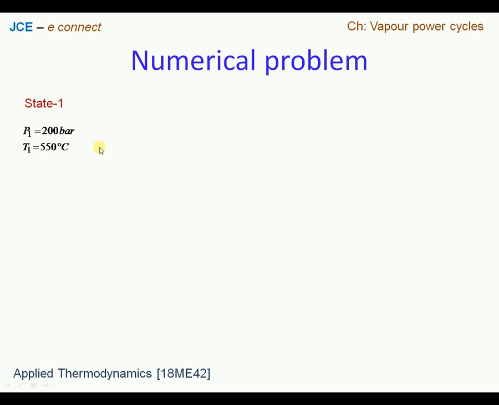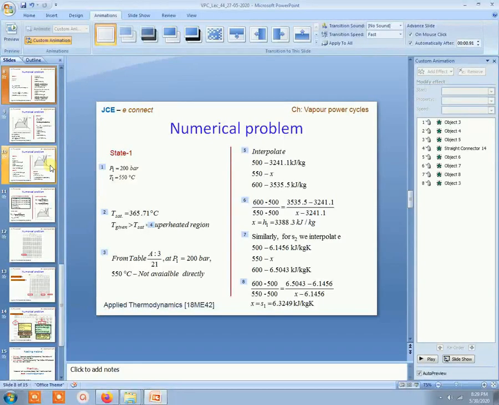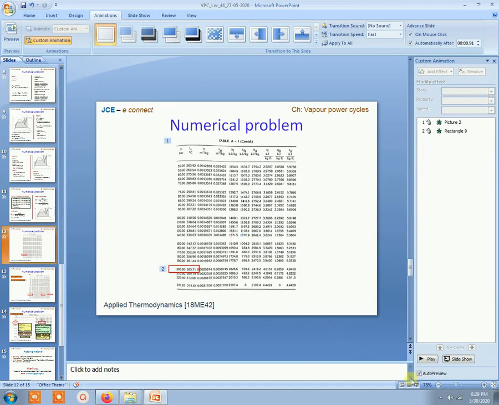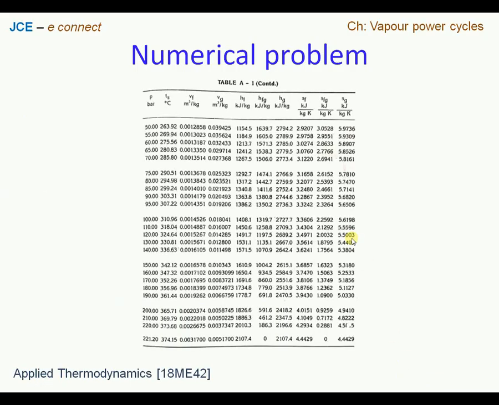So let us now refer to the data table for a pressure of 200 bar. Here we have the data table, table number A1, and in the first column we have the list of pressures. Therefore this is a pressure entry table, and these are the corresponding parameters, and our focus is on 200 bar pressure.